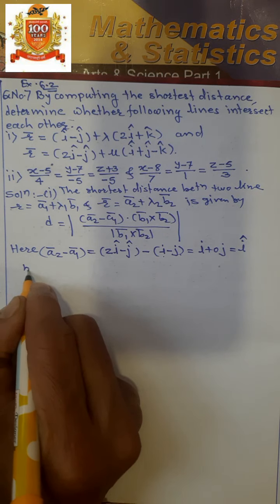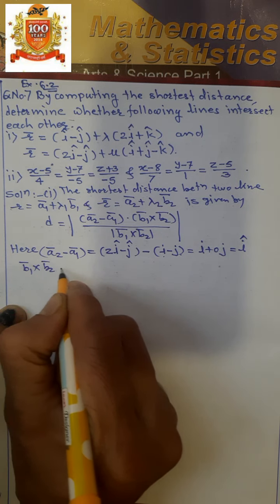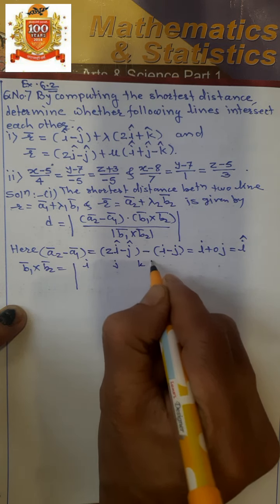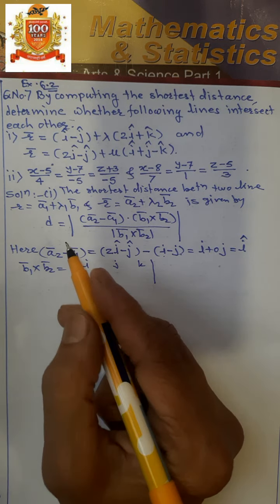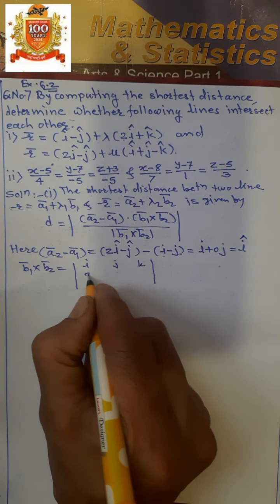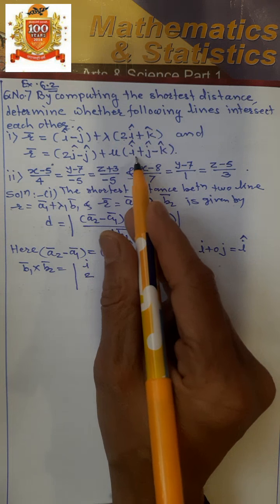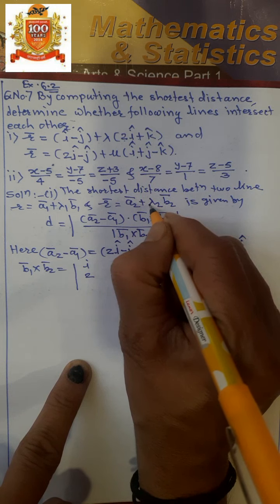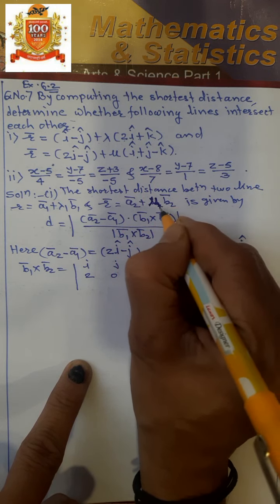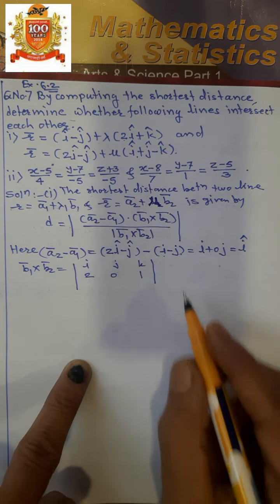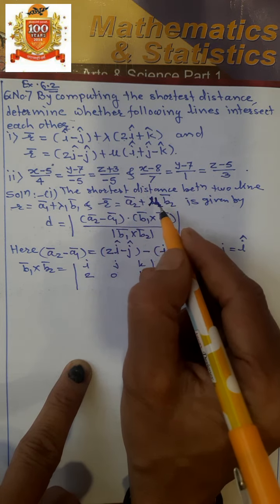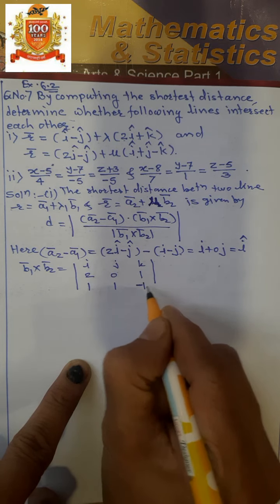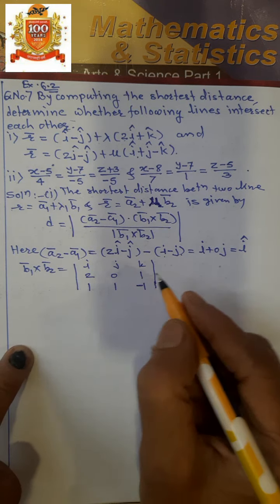Now we find b1 bar cross b2 bar is equal to determinant of i, j, k. b1 is 2, 0, 1 and b2, here we can write mu instead of lambda 2, b2 bar is 1, minus 1, isn't it?